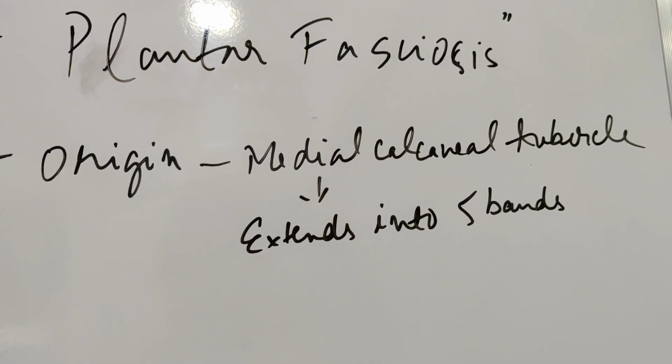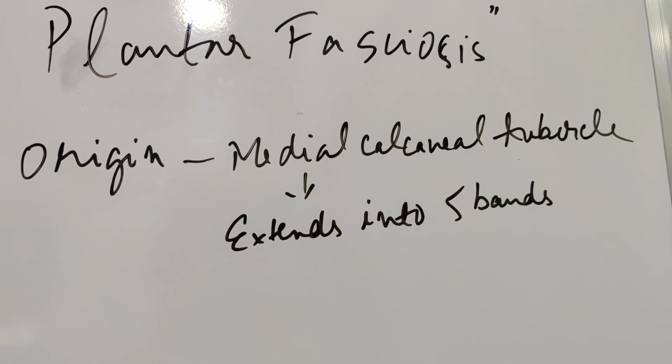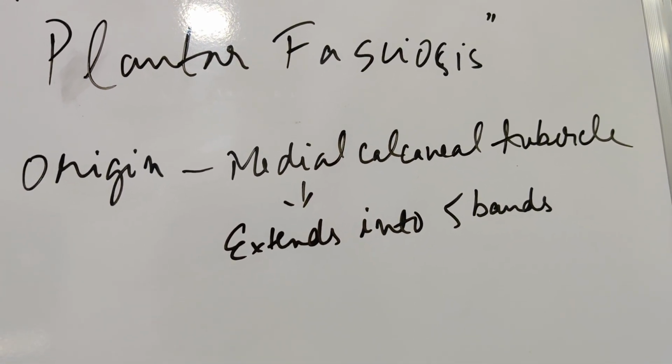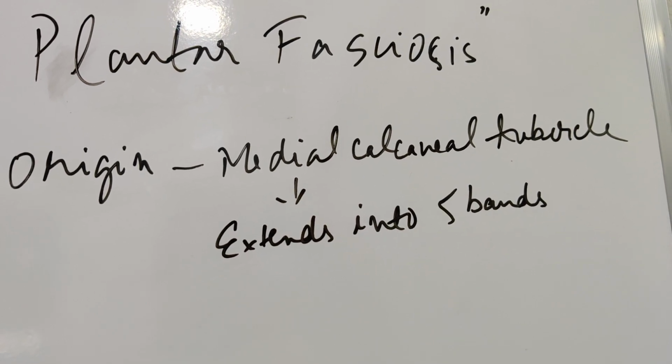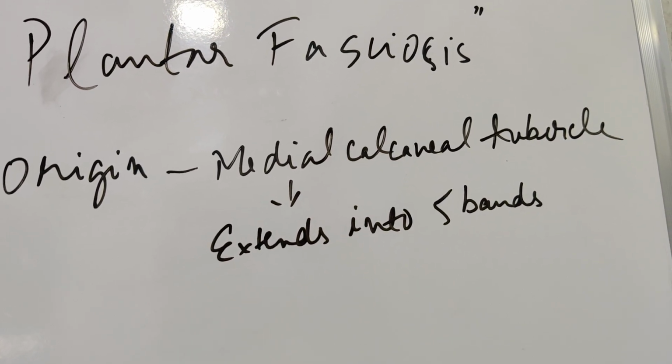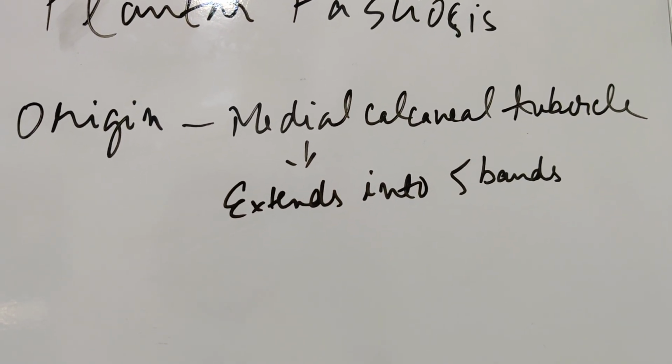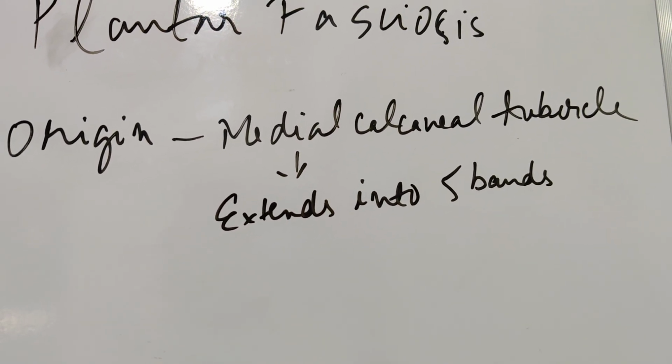It originates from the periosteum of the medial calcaneal tubercle and then extends into the 5 bands surrounding the flexor tendons as it passes all 5 metatarsal heads.